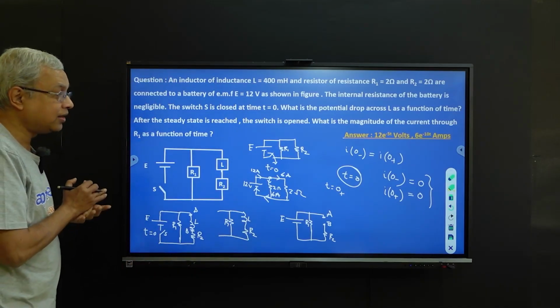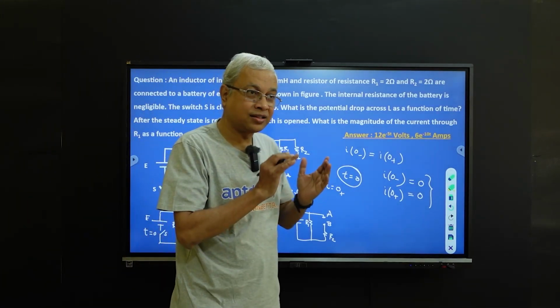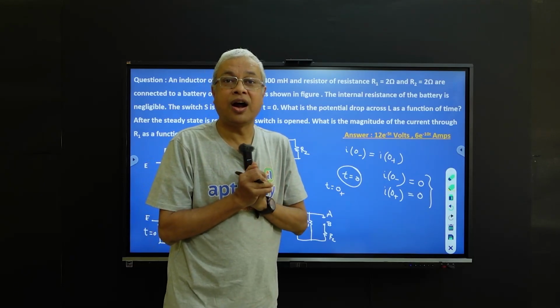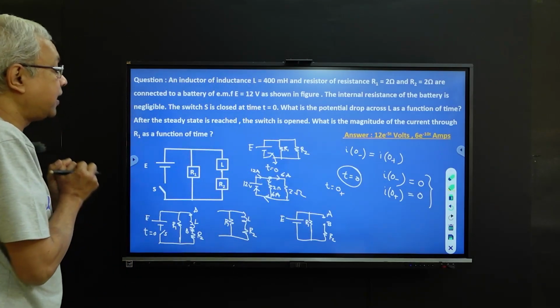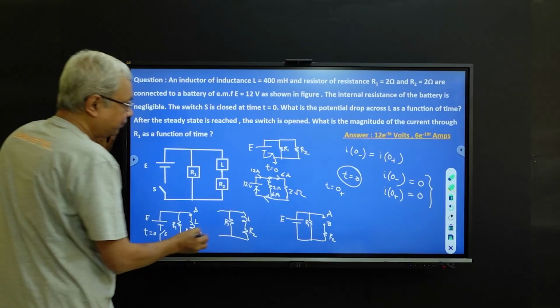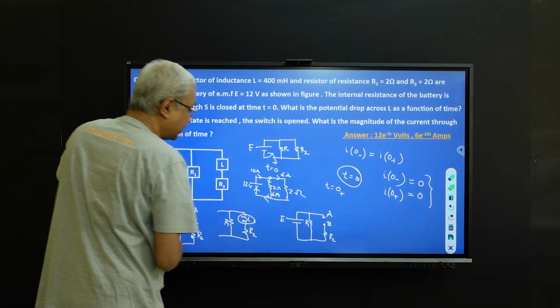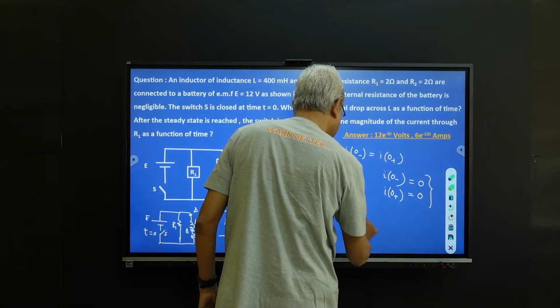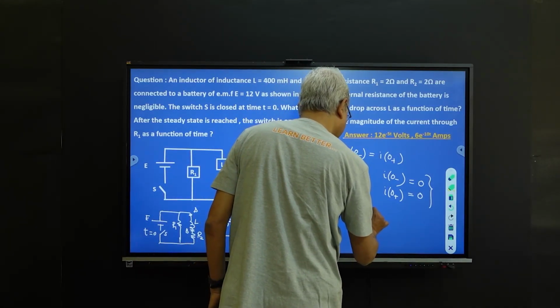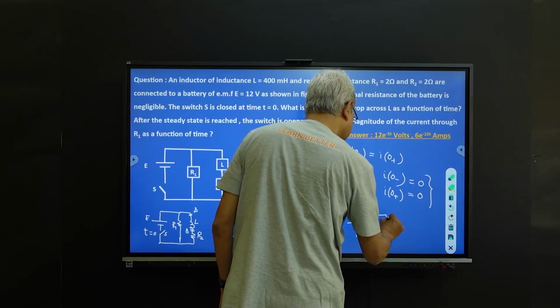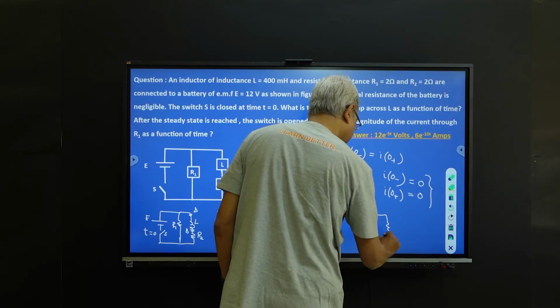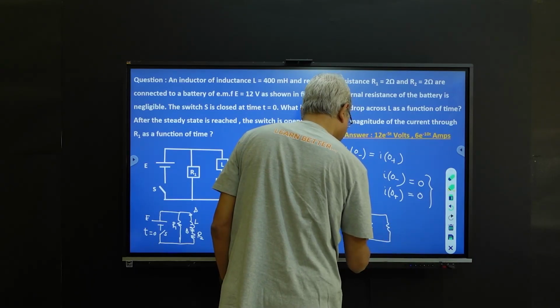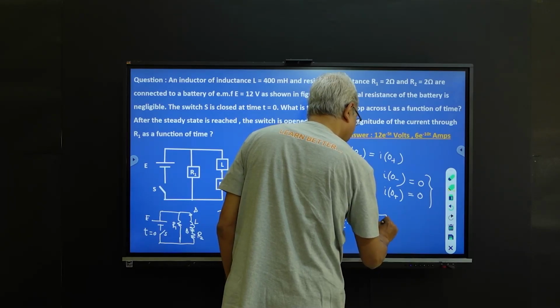But gradually, as time passes, the inductor starts conducting, and in the steady state, what happens? The inductor offers 0 resistance, and the circuit's behavior in the steady state looks like this. E, R1, R2.